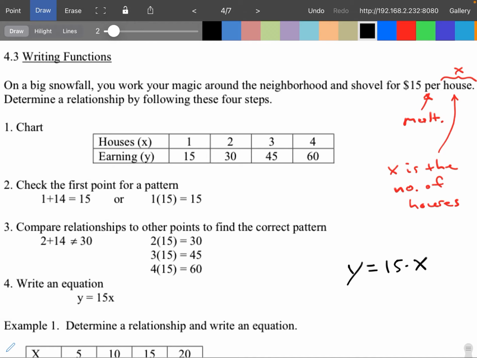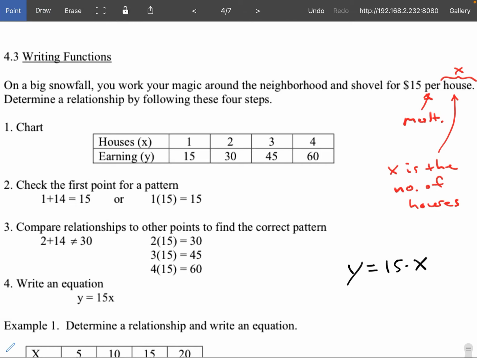So the amount of money you make, we'll call that y. The amount of money you make, y, is going to equal 15 times x, where x is the number of houses. Does that make sense?